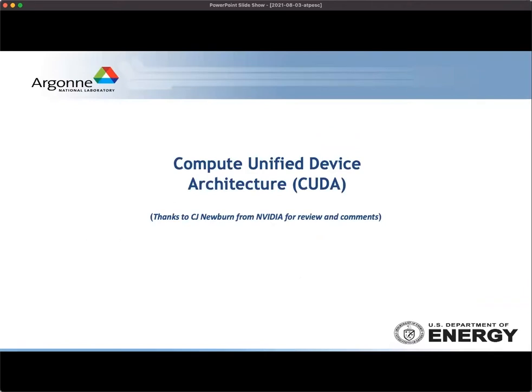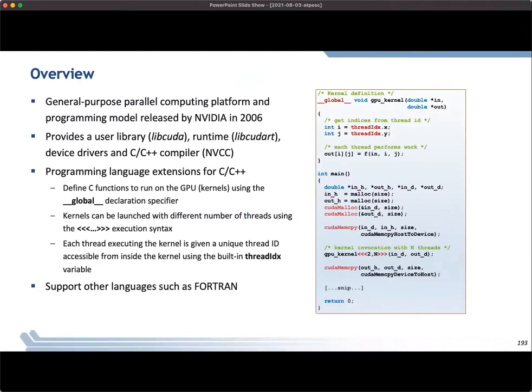So here's how you do it with MPI plus CUDA. First, just a quick overview of what programming with CUDA is like. CUDA is NVIDIA's library and runtime, which has now evolved into a complete programming environment provided by NVIDIA that allows you to write programs for GPU kernels to run. For your computation, in this example, we just have a simple function that needs to be performed by the GPU.